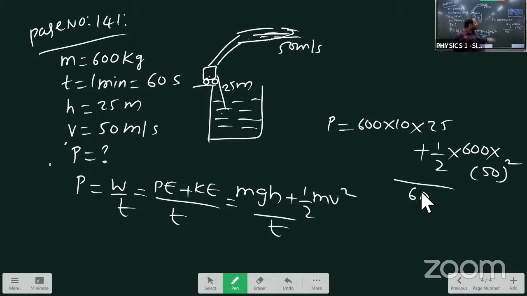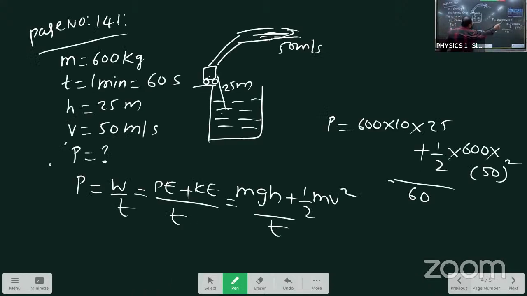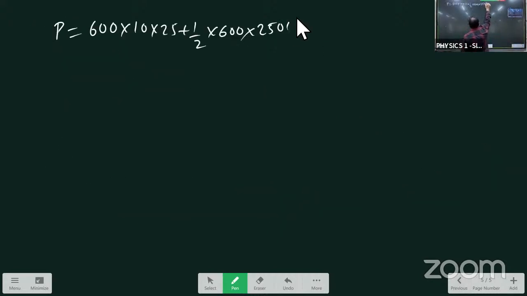So we write mgh plus half m v square divided by 60. Here mgh is 600 into 10 into 25, plus half m v square, where v square means 50 whole square, which is 2500, divided by time 60.